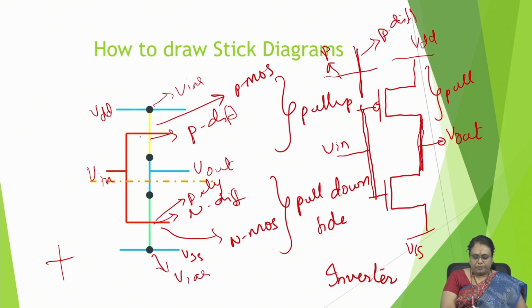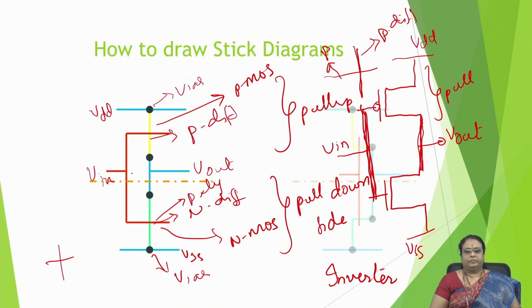The material being poly, you can connect these two through a poly line. We need not use a metal because the material is the same. So I have connected that using the poly and given it as Vin. And this is how we draw a stick diagram for a basic inverter circuit. I'll show you that example here.